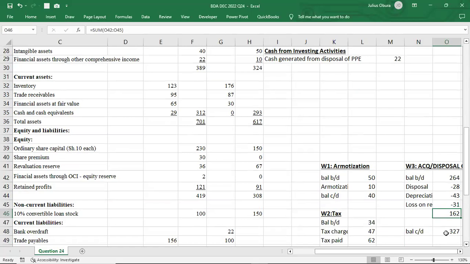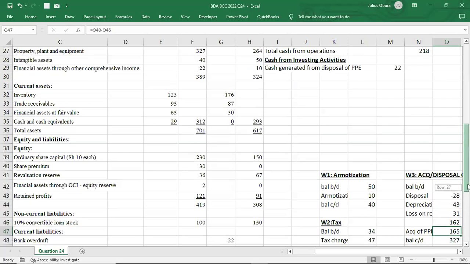That means that there was acquisition during the period. So here we have acquisition of PPE, which is equal to 327 minus 162. We get 165.